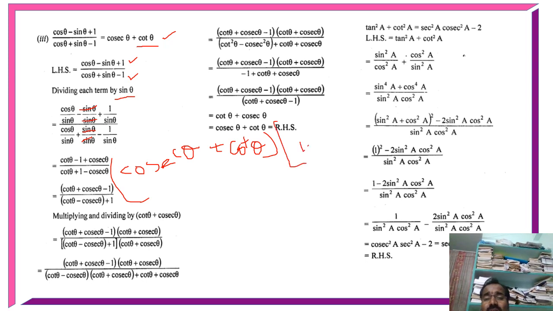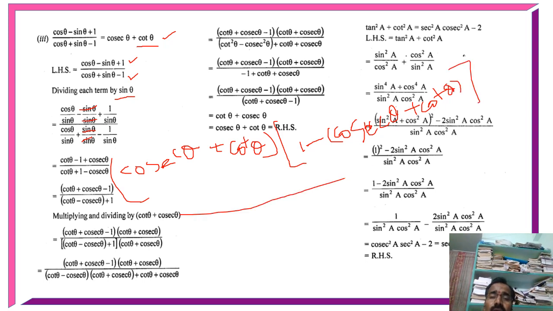So 1 minus of a plus b, we factorize a plus b form, I mean cosecant theta plus cot theta, within the square bracket, whole by the denominator, which remains the same: cot theta minus cosecant theta plus 1.